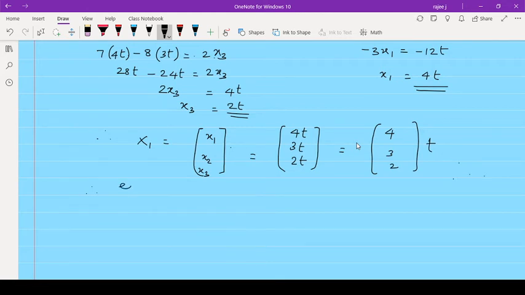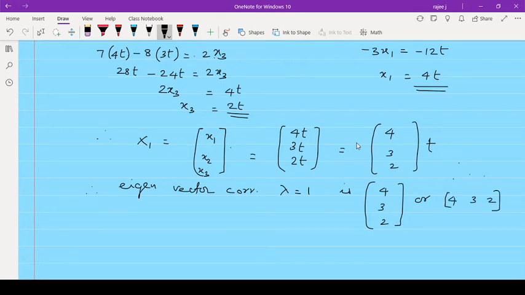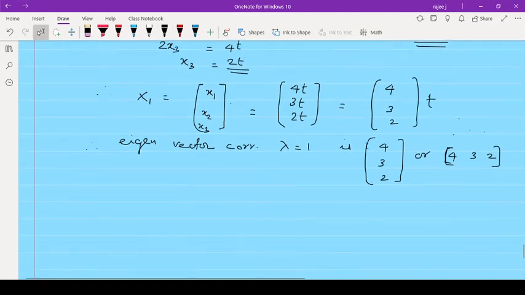Therefore, the eigenvector corresponding to lambda equal to 1 is 4, 3, 2. This can be a column vector or a row vector, depending on how we are writing it, or the transpose of 4, 3, 2, that means a row vector also. So this is the first one.